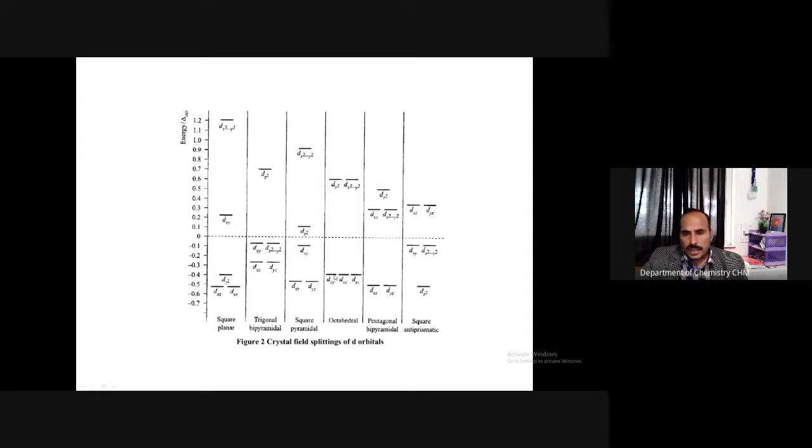When you excite an electron from this level to this level, electrons will not absorb energy lower than this, because the energy has to come in the form of a quantum. So it will not go somewhere in between. It will take the energy which is equal to this gap. All right.